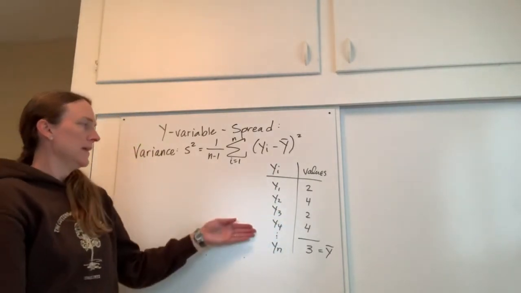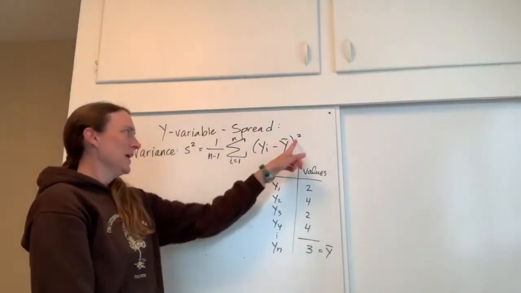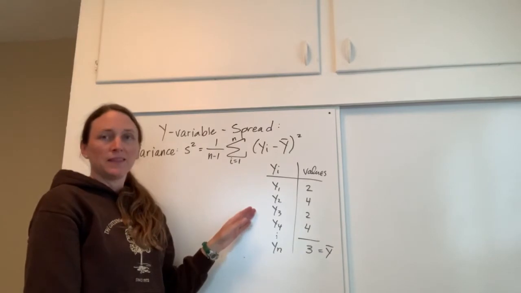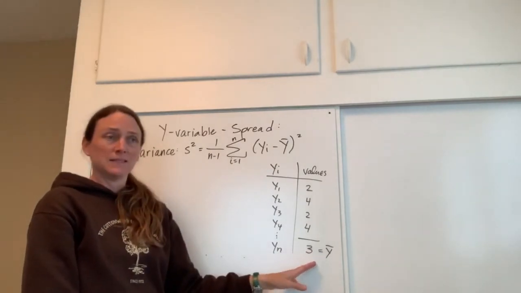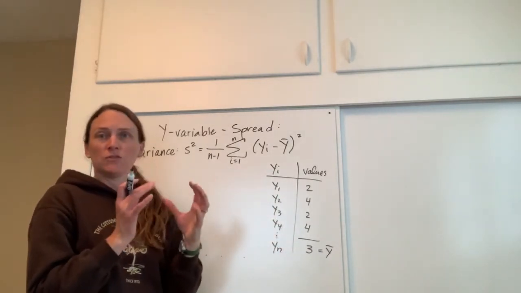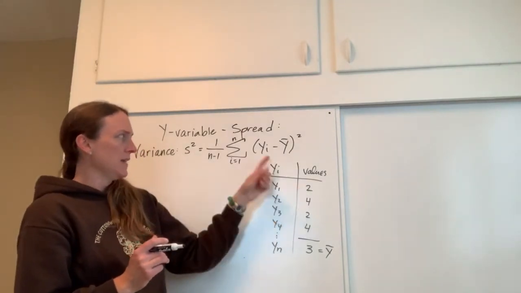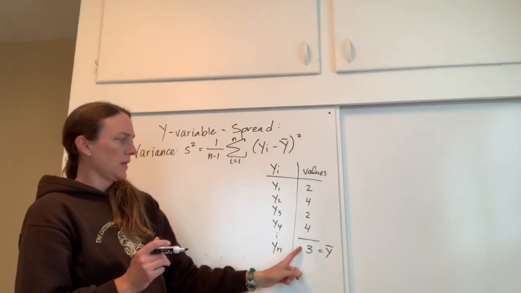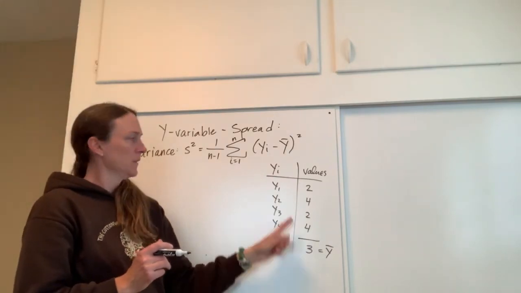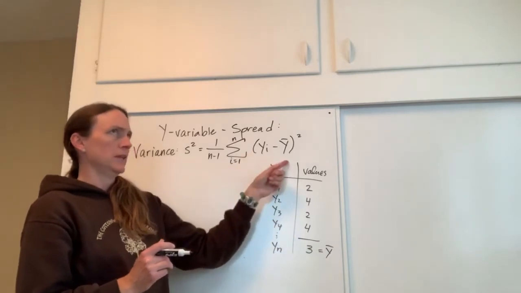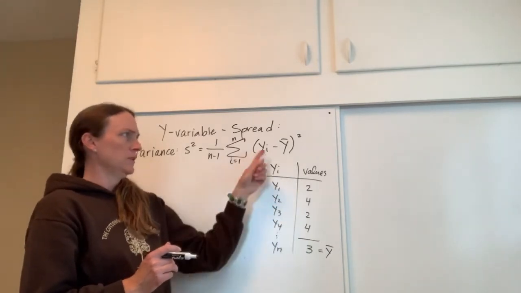The reason we have to square these values is because of the way the mean works. It's the middle, the central value, the average. You can see this here. 2 minus 3 is negative 1, 4 minus 3 is positive 1, 2 minus 3 is negative 1, 4 minus 3 is positive 1.